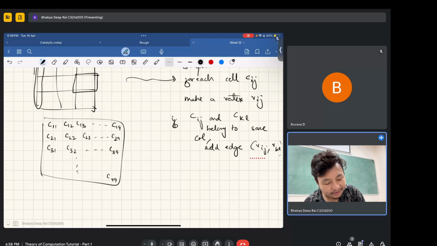Not only column, if they belong to the same row or if they belong to the same subgrid, I add an edge between them. Why is this the case?